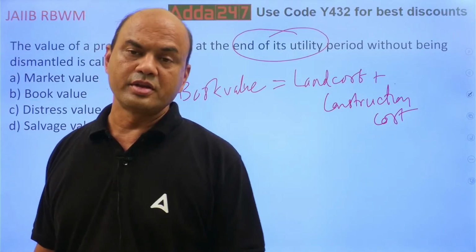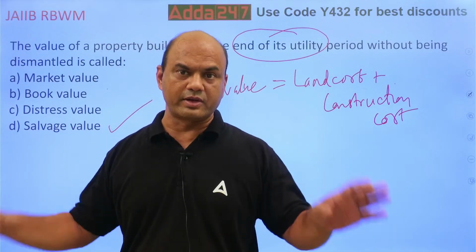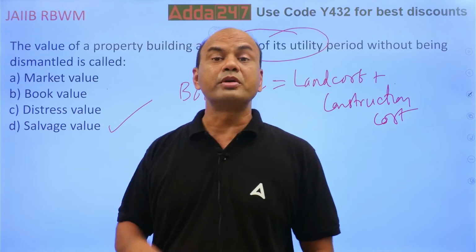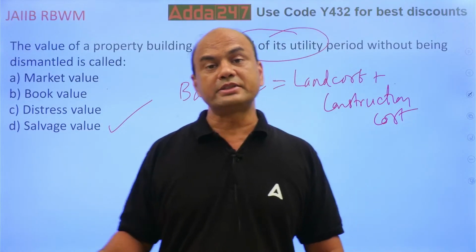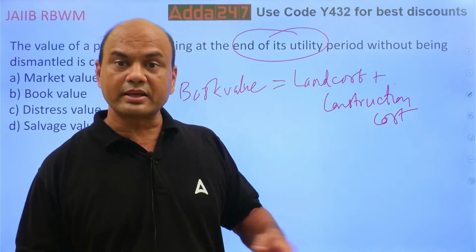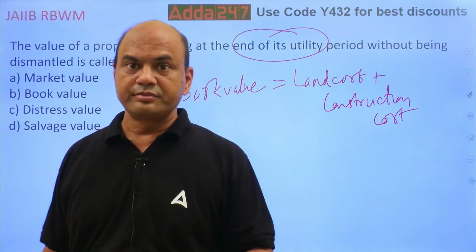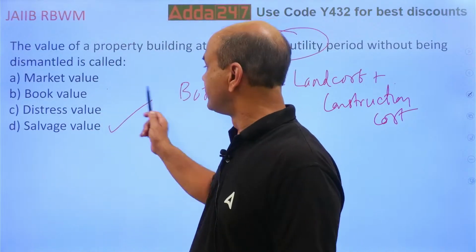Suppose I purchase land where I am purchasing a flat, how much will it cost me? If I start building a house on that, how much will it cost me? So together this cost versus the cost of the flat, that is book value.